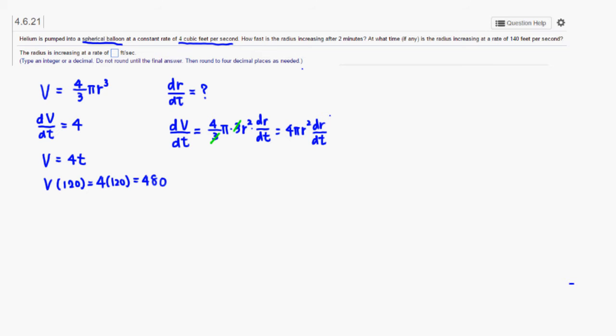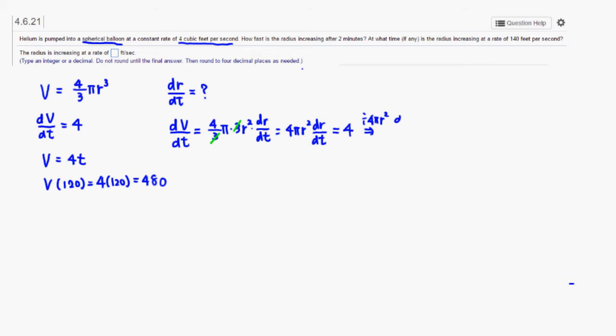Then we know that this is going to be equal to dV over dt, which is 4, so we set that equal to 4. Then let's simplify. We want dr over dt, so divide through by 4 pi r squared.